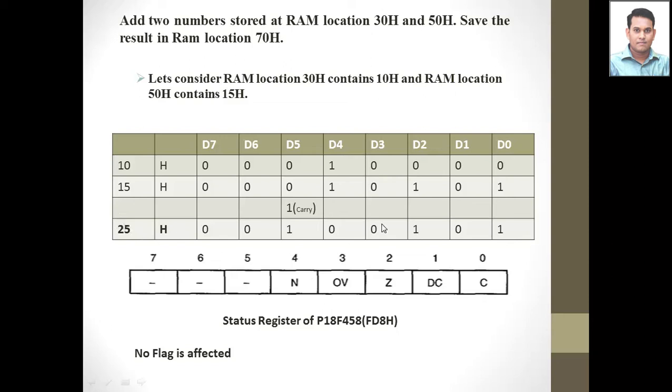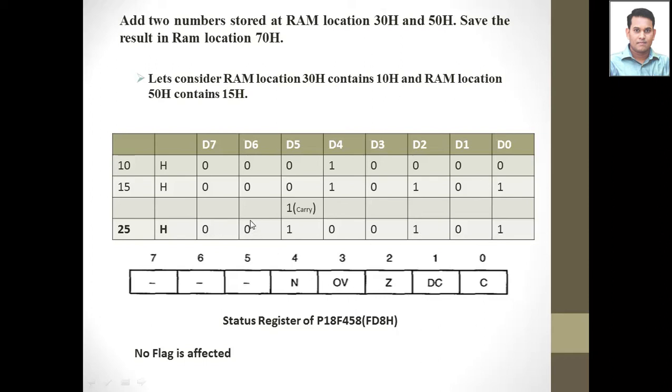Okay, now let's check which flags are affected. Here we are not getting a carry from the lower nibble to the higher nibble, so the digit carry flag will not be set. Carry flag: we are not getting a carry out of the 7th bit, so the carry flag will not be set. Z: the result of our arithmetic operation is not 0, so the Z flag will not be set.